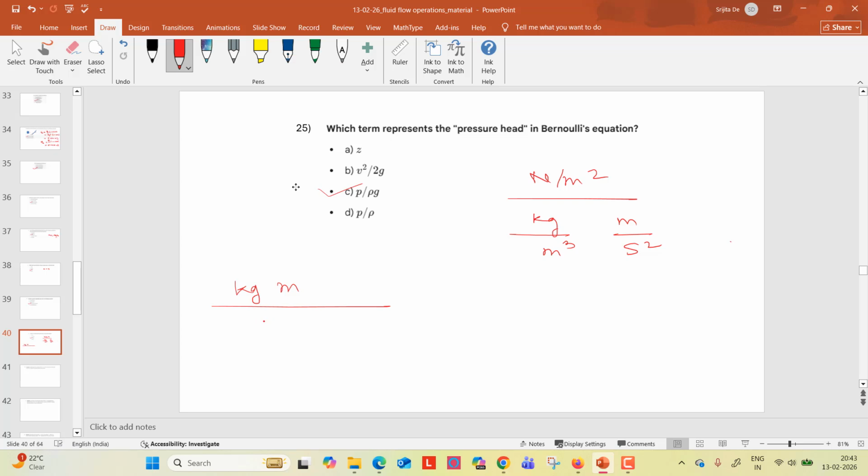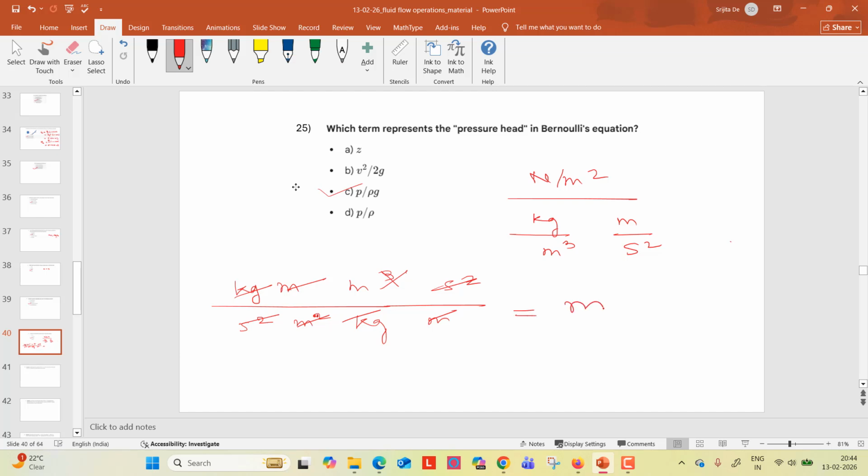So kg into a, which is acceleration, meter per second square, by meter square. Right? This is your pressure. Then comes kg per meter cube, then meter into second square. So kg meter per second square, and this meter square will cancel, 1 meter will be there. So it is the pressure head.